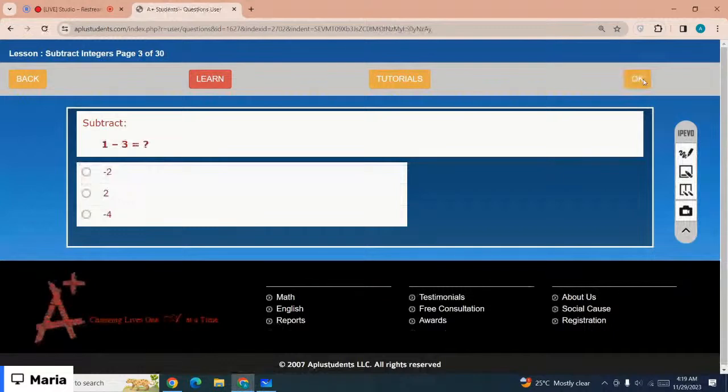1 minus 3, which is the correct option? 1 minus 3. 3 is the bigger number with a negative sign, isn't it?